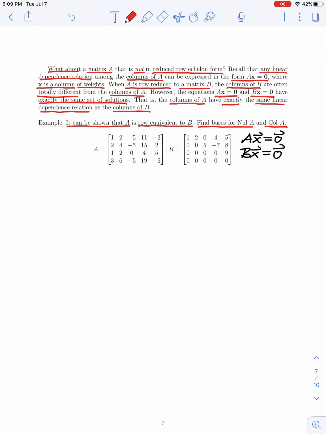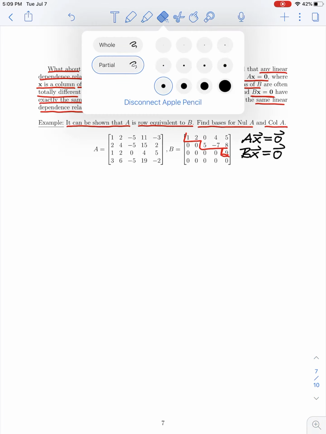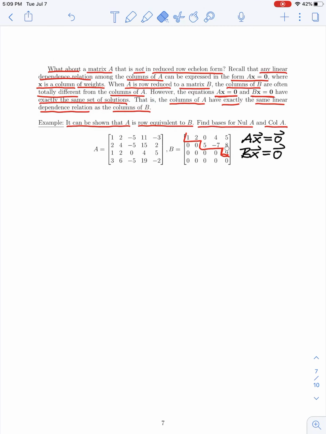Looking at our matrix B, it has been written already in row echelon form, and through rewriting this in reduced row echelon form, we can come up with our solution set.